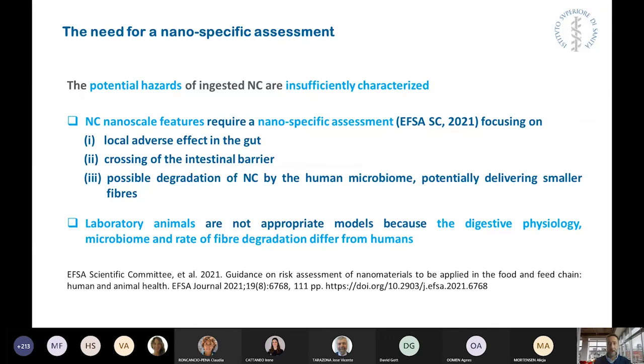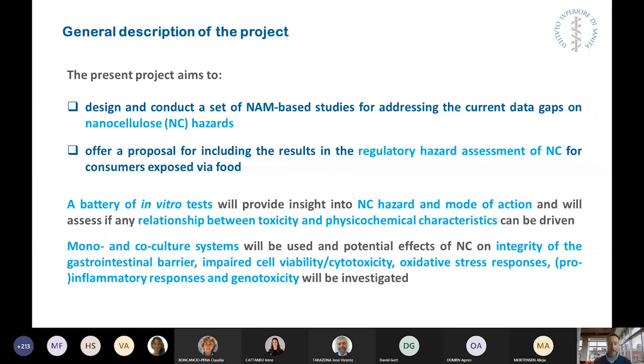This is a specific case where NAM-based approaches are extremely relevant, especially to gain mechanistic knowledge about the possible adverse effects. So the project aims to design and conduct a set of NAM-based studies for addressing the current data gaps on nanocellulose hazards, but also to offer a proposal for including the results in the regulatory hazard assessment of nanocellulose for consumers exposed via food.